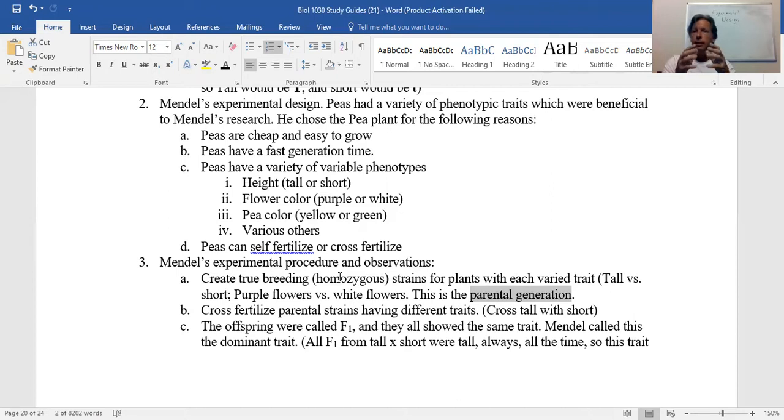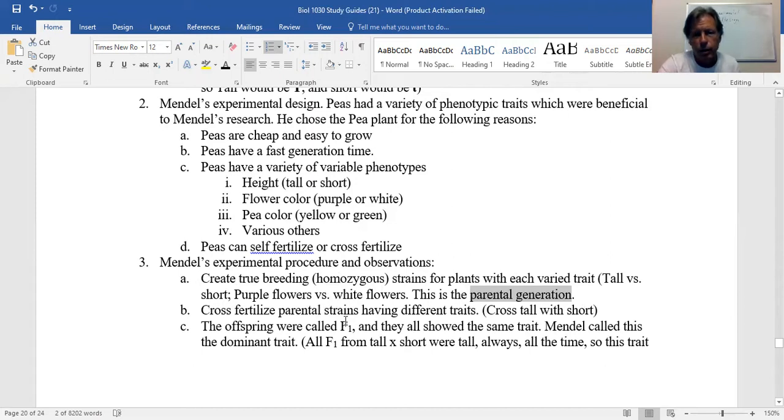And this characteristic, this phenotype that he saw, he called the dominant phenotype because it beats out the other one. Okay, now let's look here, right? We cross-fertilize the parental strains having different traits, tall with short, right?